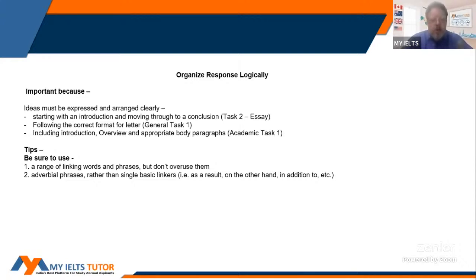Okay, so use those rather than single word basic linkers. If you use a range of single word basic linkers and some of these adverbial phrases, you will score higher, okay? You don't want to replace single word basic linkers with adverbial phrases everywhere. You want to use a mixture of them.